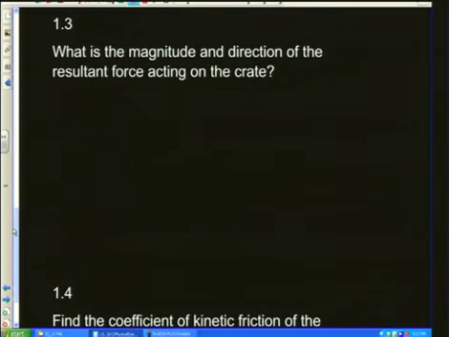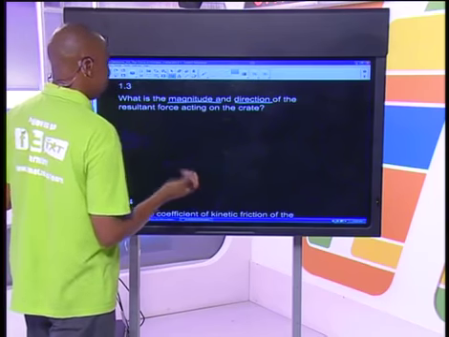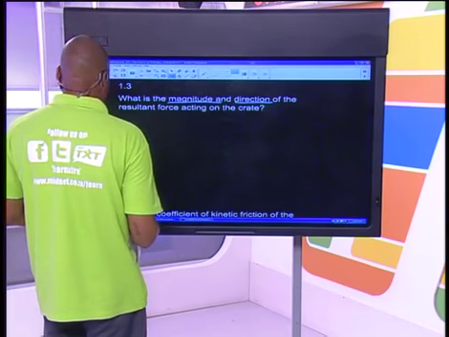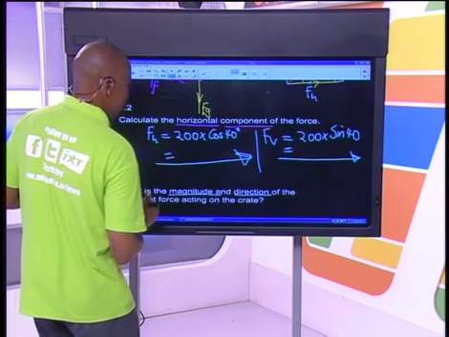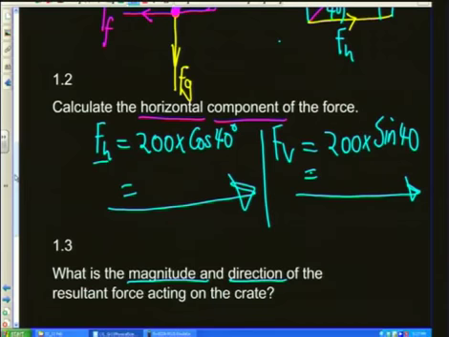1.3, let's have a look at it. It says, what is the magnitude and direction? Let me find out if I can use the calculator here. Somebody is helping me from the control room. Let's find the values back on our horizontal component.